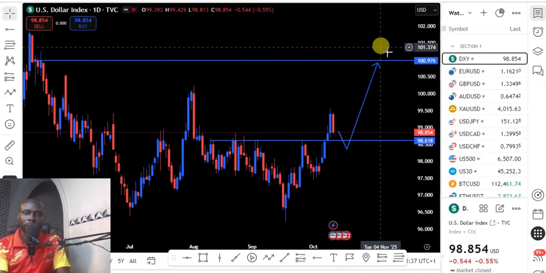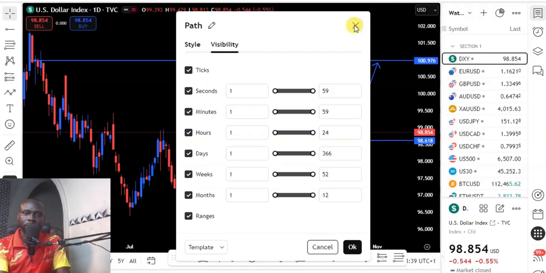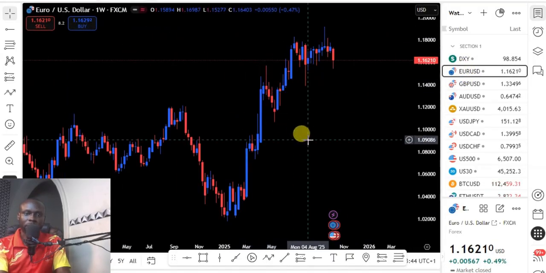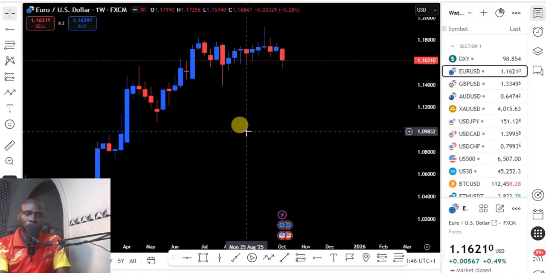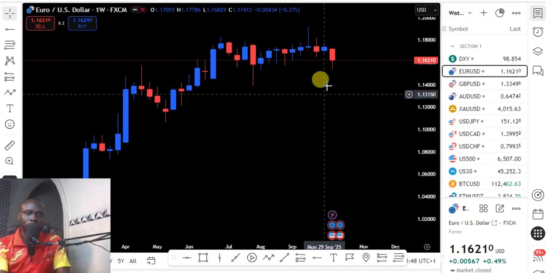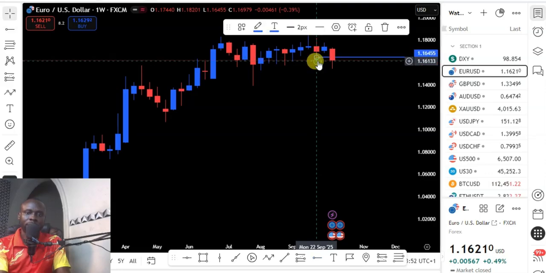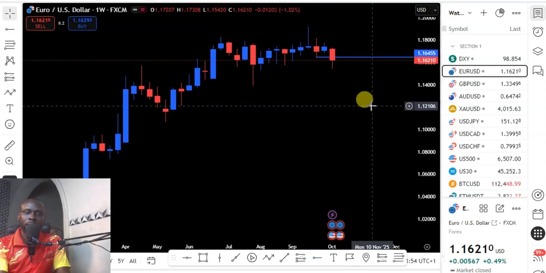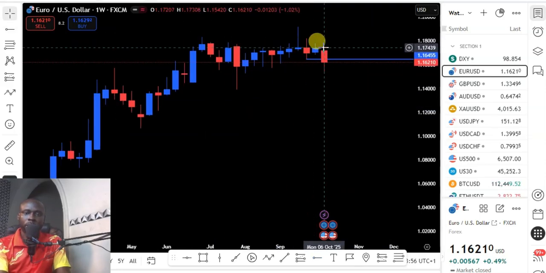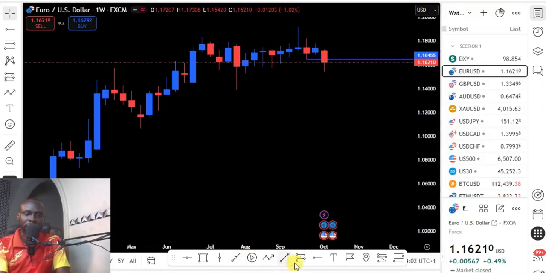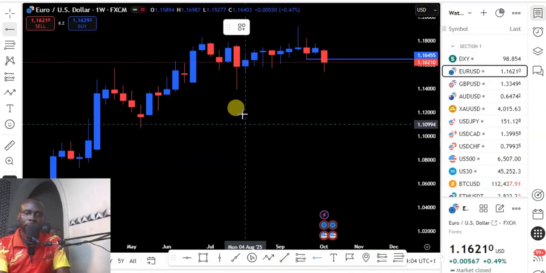So let's look at our next pair, which is the EURUSD. Let's start from the weekly chart. EURUSD also converted this support into resistance level. Then we also have a double top on the EURUSD on the weekly chart, which indicates reversal of price to this next weekly support level.